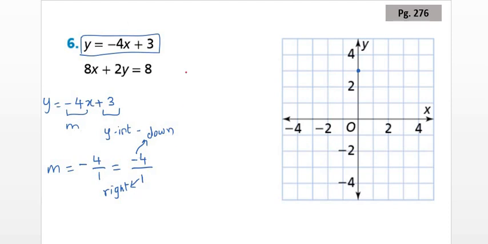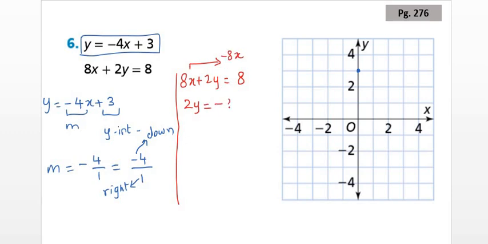Then for the second equation, we have 8x plus 2y equals 8. Let's move this 8x to the other side. So we will have 2y equals -8x plus 8.